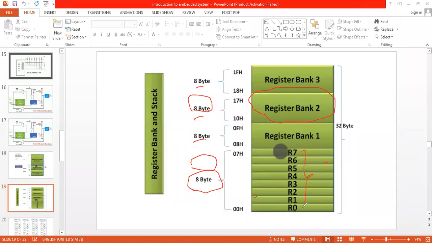It means one register has 1 byte of memory size, and each register has an address starting at 00H. These registers are repeated again in the next bank. So this is bank 0.